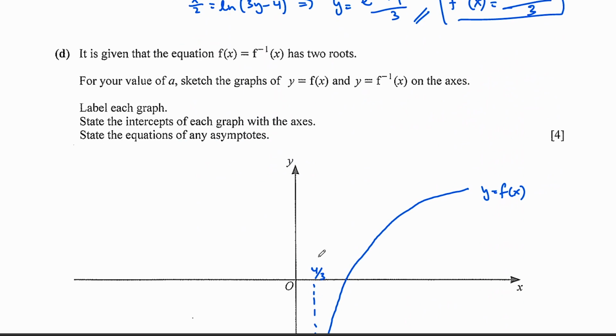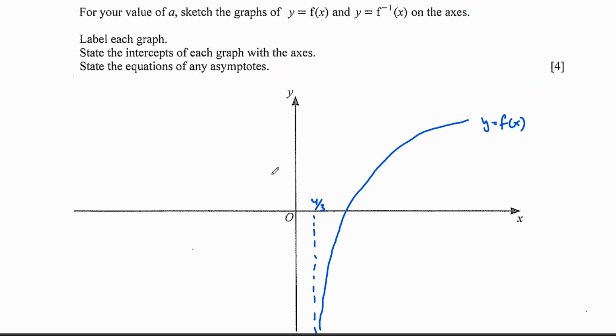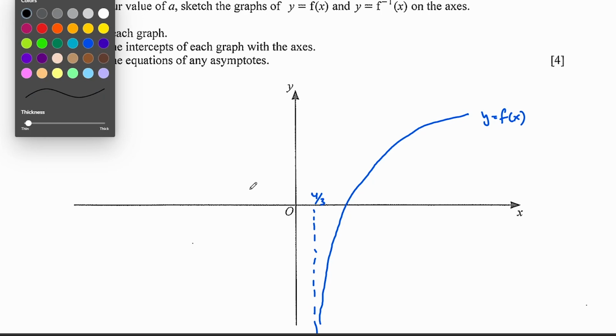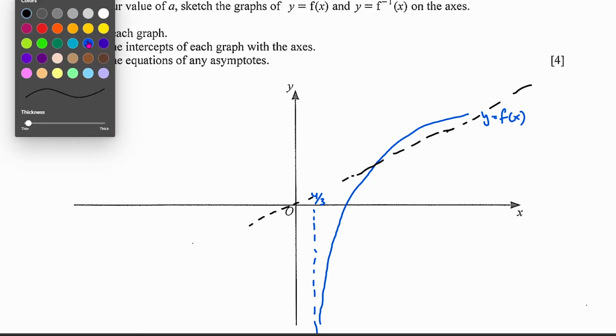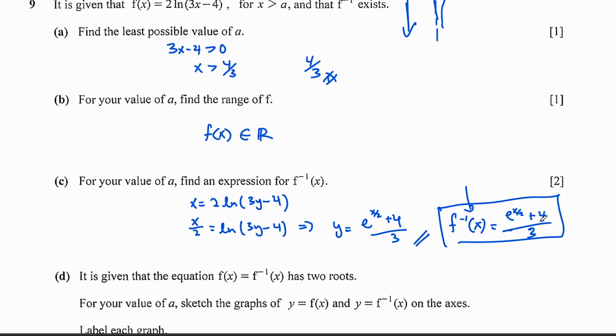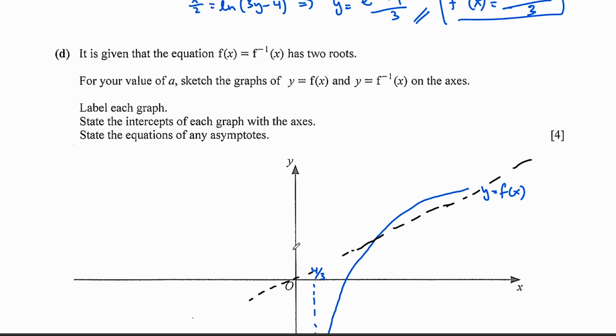And now I'm going to draw the symmetry line. Again, use a ruler. And we're supposed to draw this one. So we know that the asymptote will be at 4/3 also.